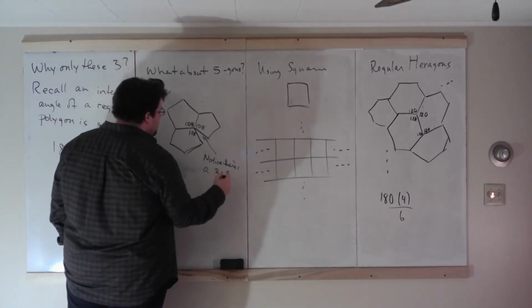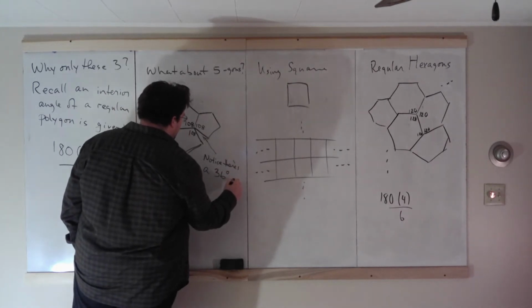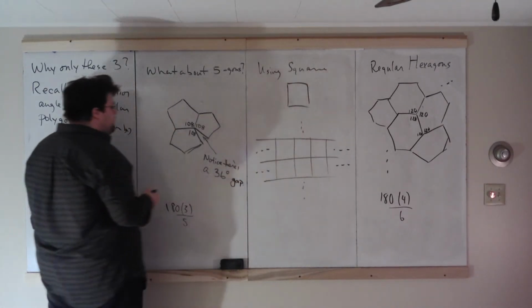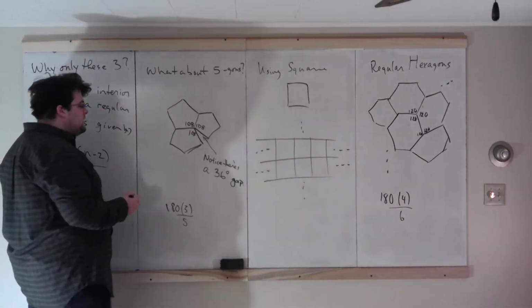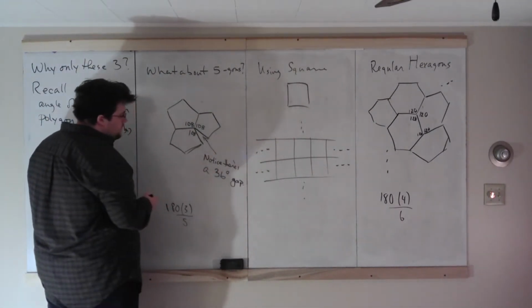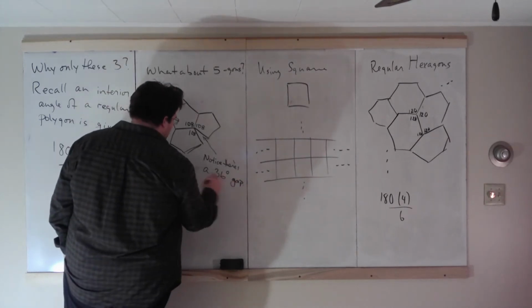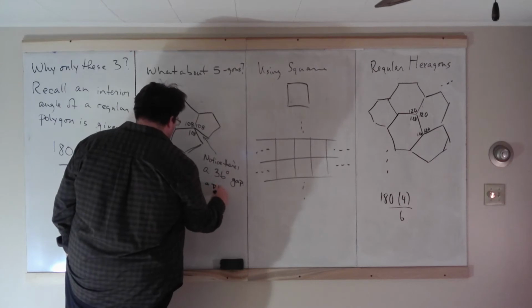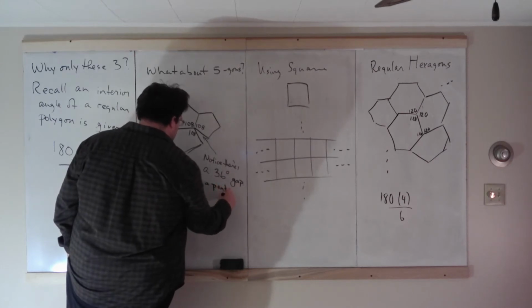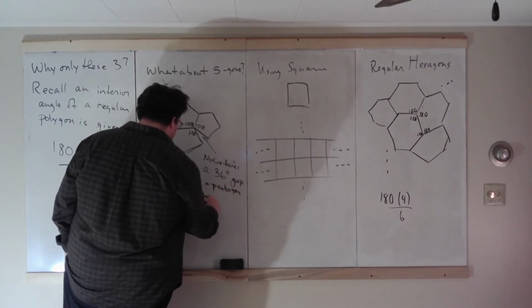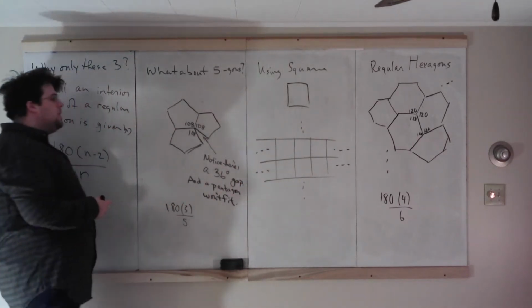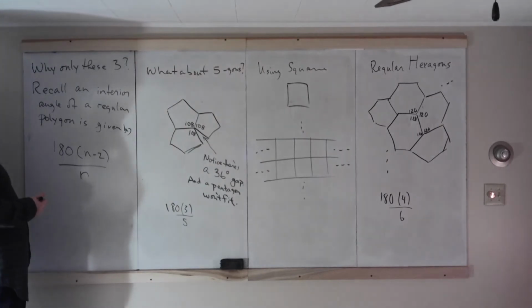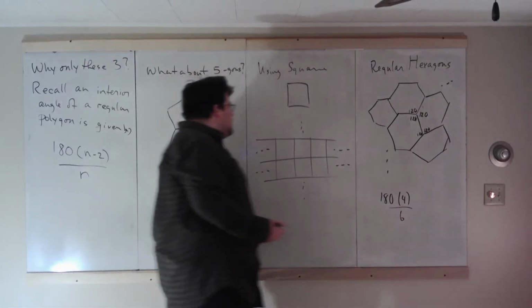So notice there's a 36 degree gap, and we'll never be able to fill in that gap using one of these pentagons. A regular pentagon won't fit. And because of that, we're never going to be able to tile the entire plane using regular pentagons.